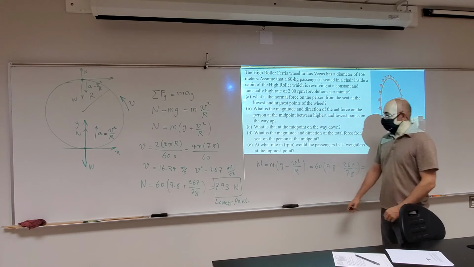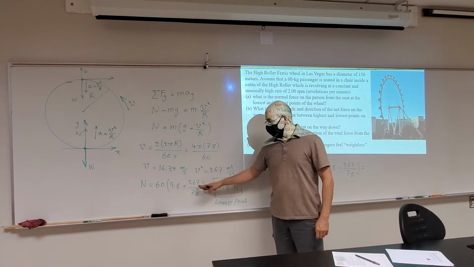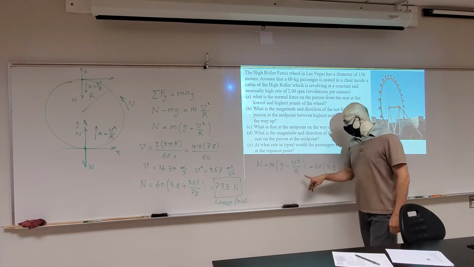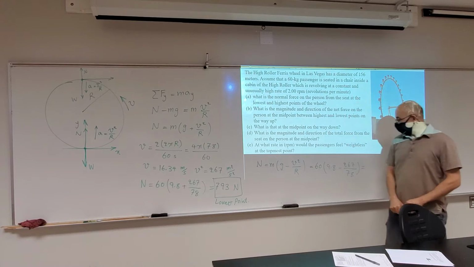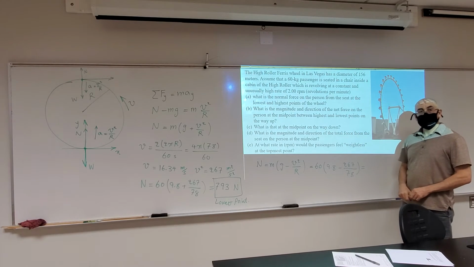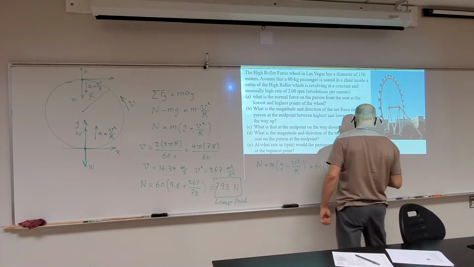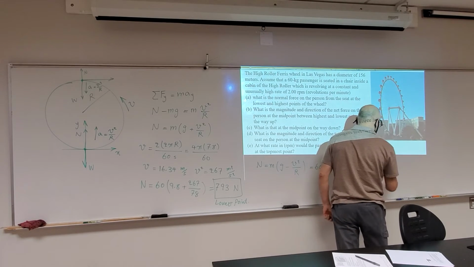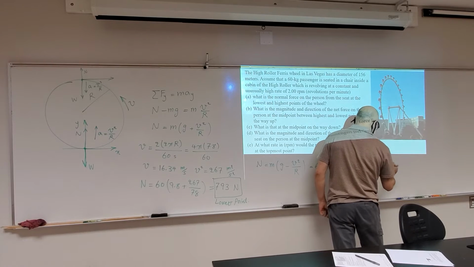No, that shouldn't be negative because 267 over 78 is not bigger than 9.8. Here. 382.6. It's just 383 would be enough.